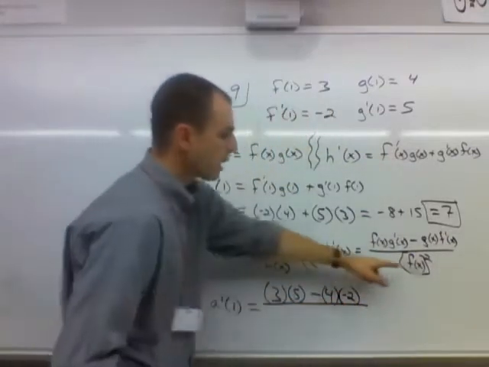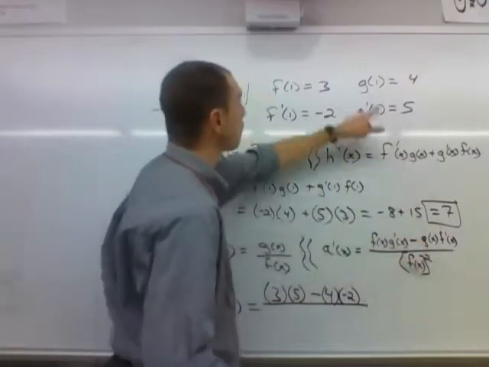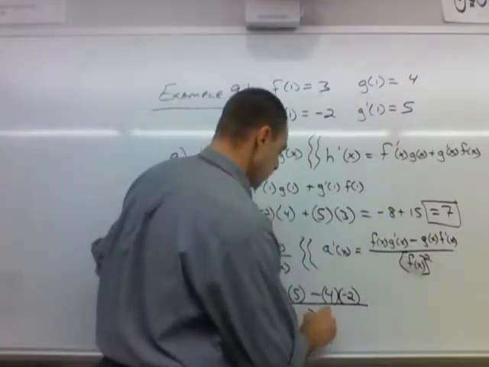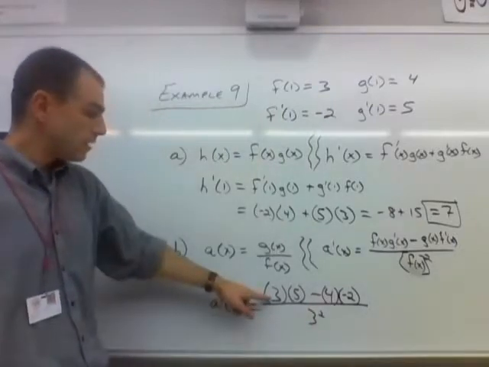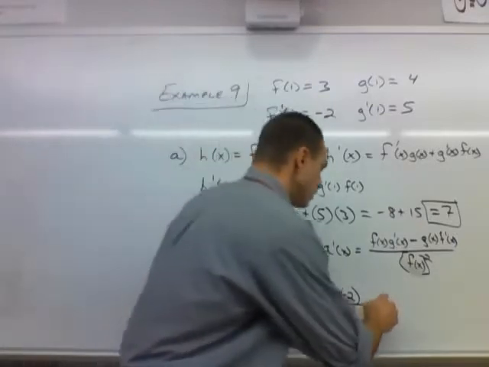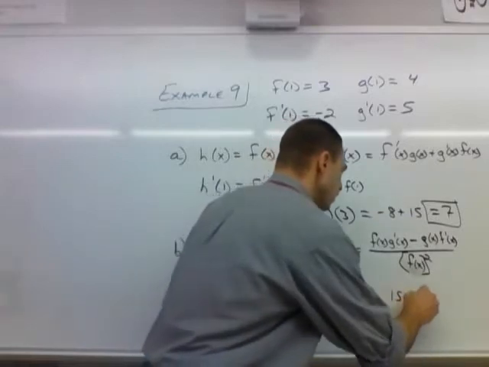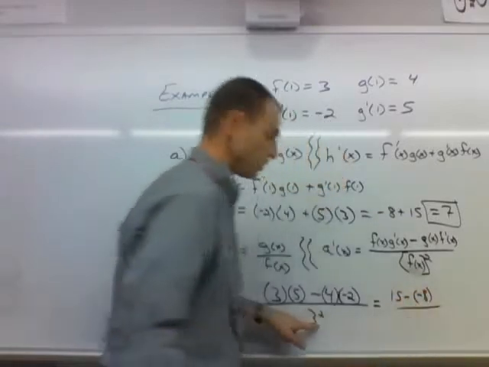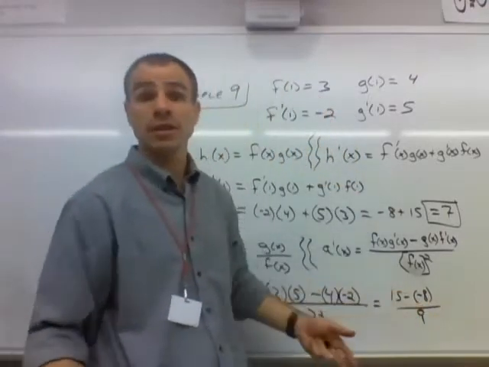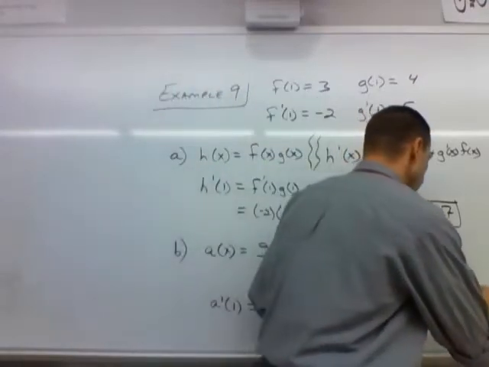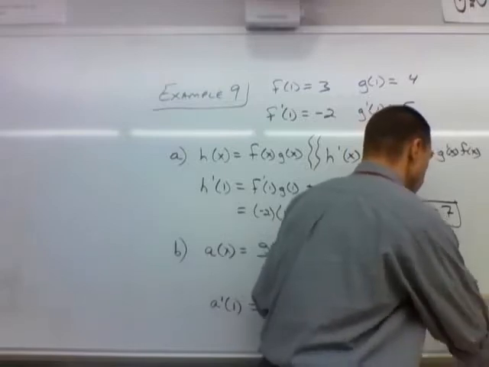All over f of 1 squared. F of 1 is 3, so 3 squared. All right, 15 minus negative 8 all over 9. 15 minus negative 8, that's 15 plus 8, that's 23. So we have a final answer of 23 over 9.